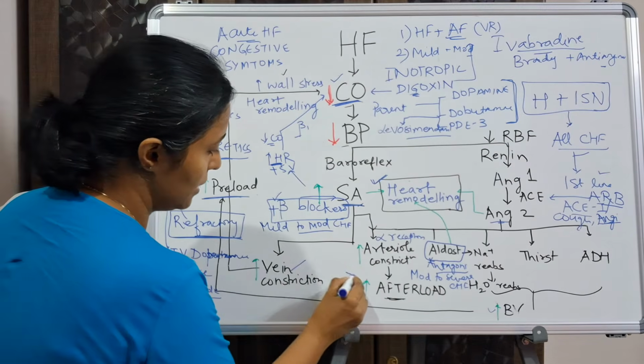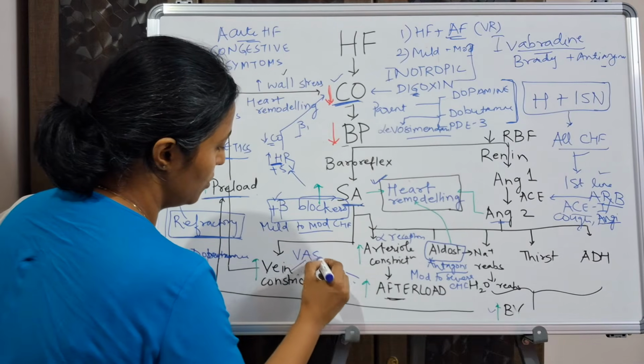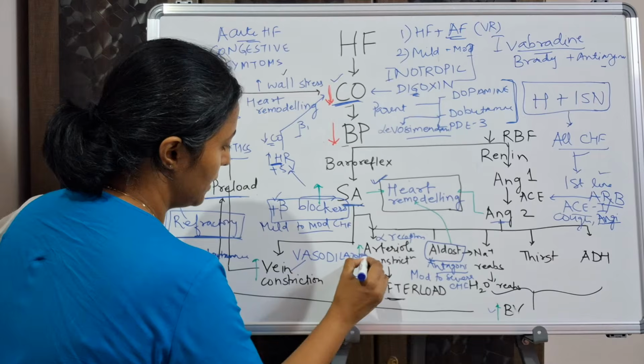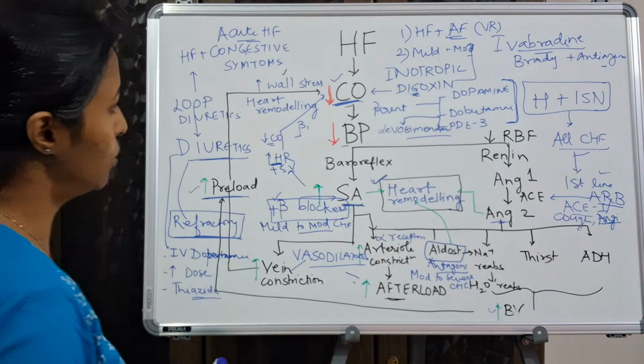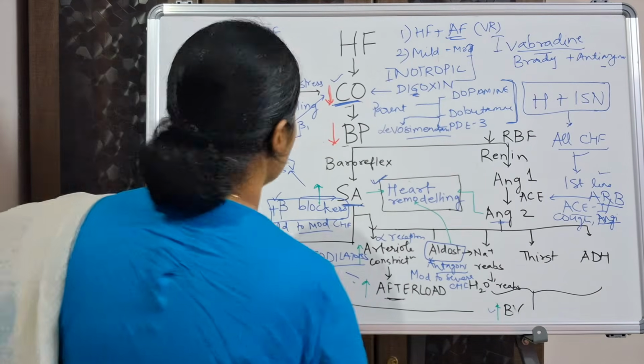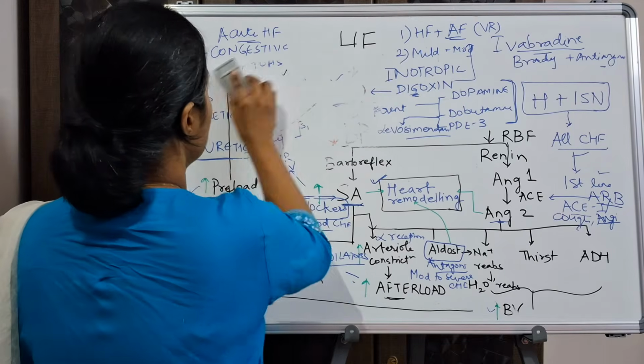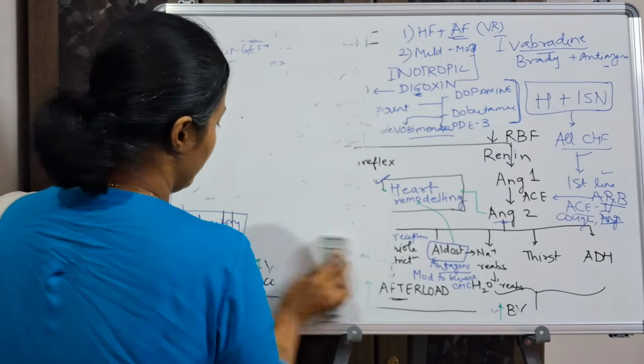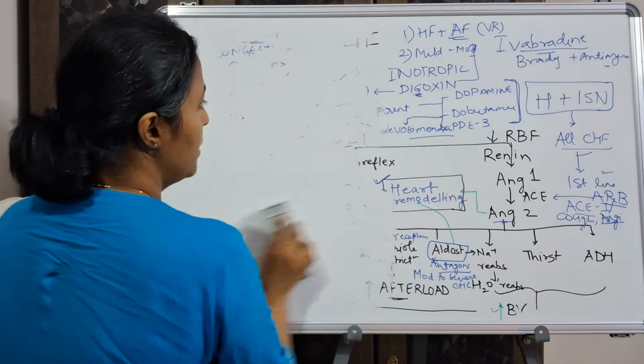Next we can give vasodilators. Okay, vasodilators. I think now we are clear of all this. So I'll just clean the board so that we have some space to explain. Okay, so vasodilators, if we give, what is going to happen?